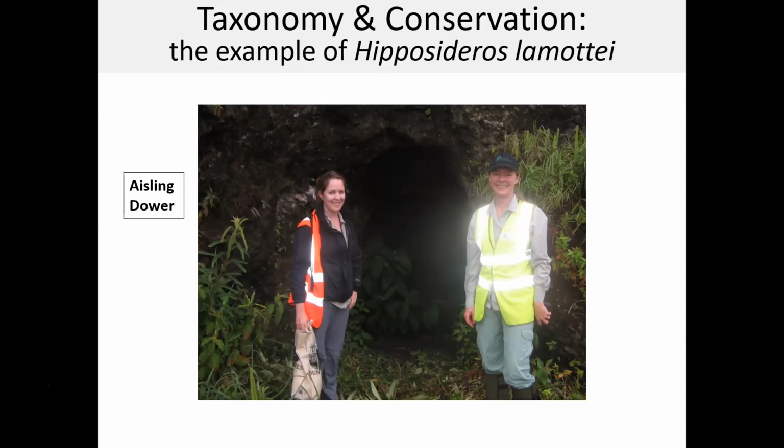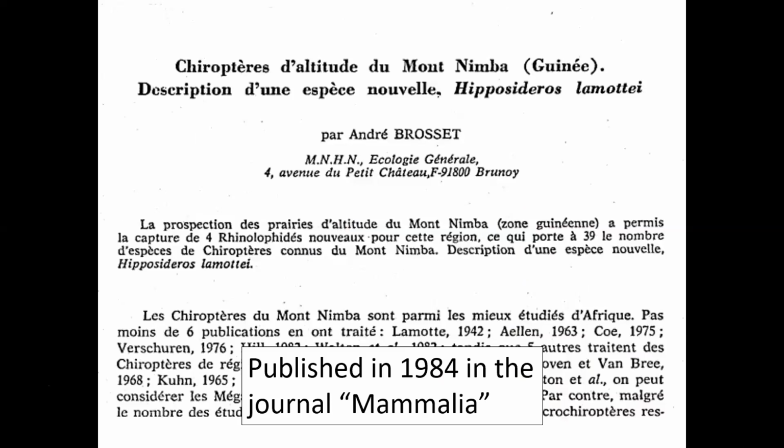They were subcontracted by the mining company to do an EIA, and one of the things that came up was Hipposideros lamotti, which was described relatively recently by André Brosset in 1984 from Mount Nimba, and reputedly an endemic to Mount Nimba itself. So Aisling was having problems identifying whether the bats she had caught were Hipposideros lamotti or not. So she called me in to come and give a hand.